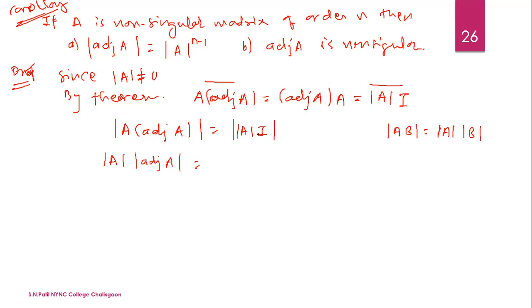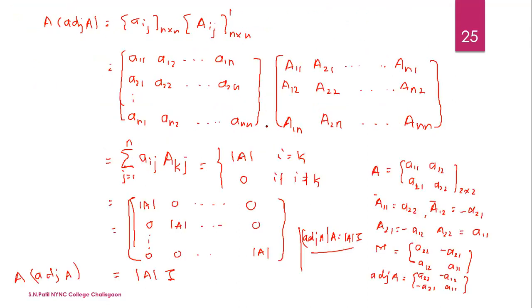Now see, this is the right hand side. We take its determinant. Now we know the property of the determinant: determinant of K into A is K raised to n into determinant of A, where K is any constant number.